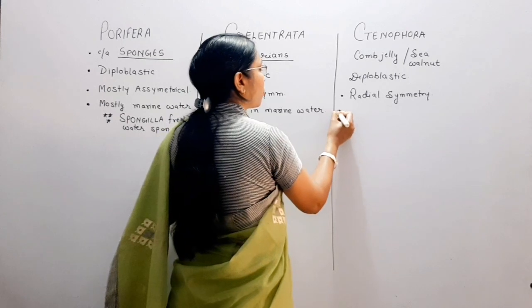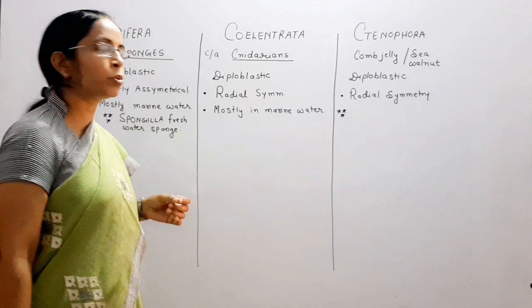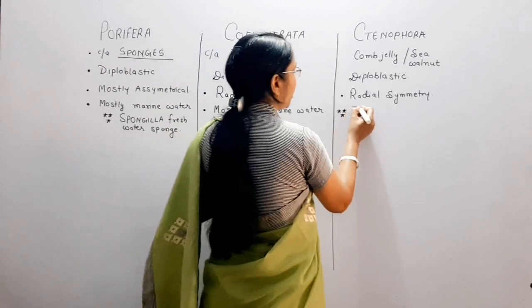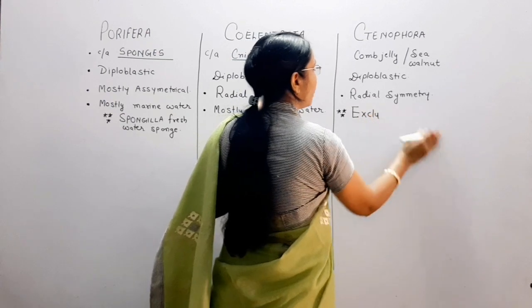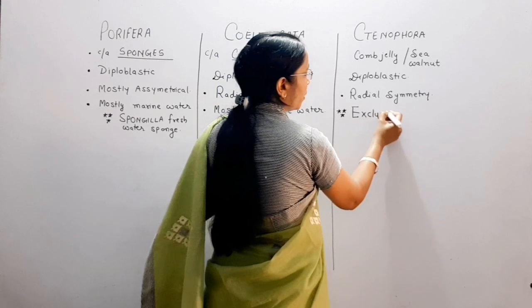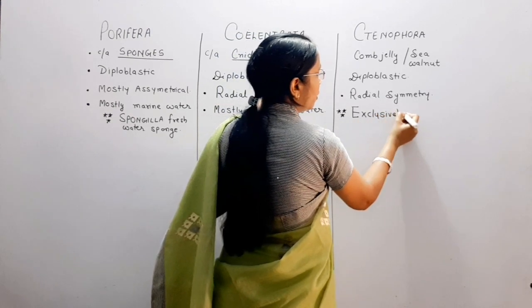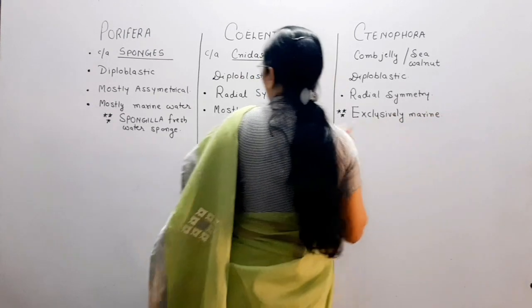For Ctenophora, for objective purposes remember which among the following is exclusively marine. Exclusively marine means no life form from Ctenophora appears in fresh water, so they are exclusively marine in habitat. This you remember for their general properties.